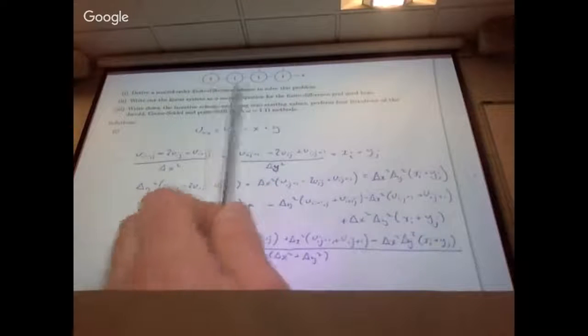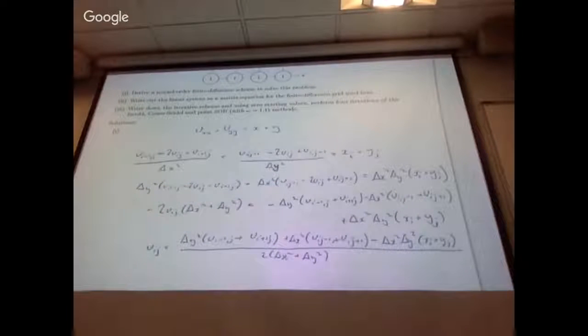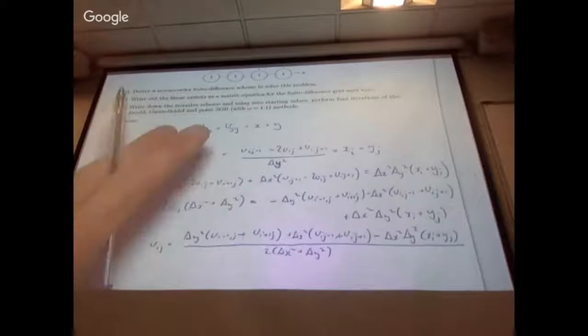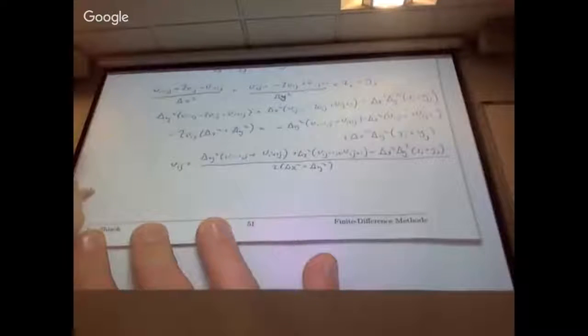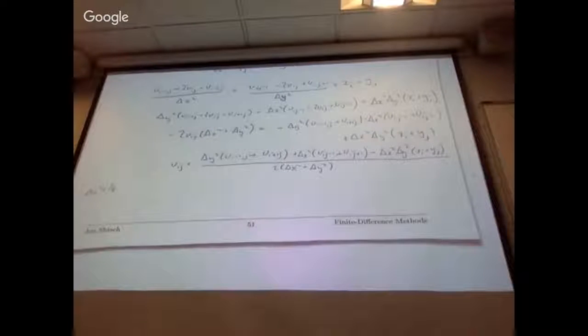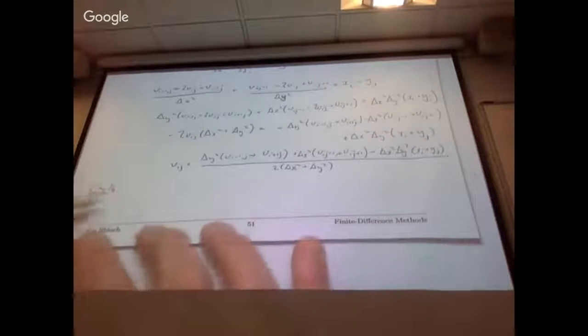Okay, and the length of the domain is 1, so my step is going to be 1/3. And it's also the same in the y direction. So if that step is 1/3, delta x squared is going to be 1/9, and that's going to be equal to delta y squared.